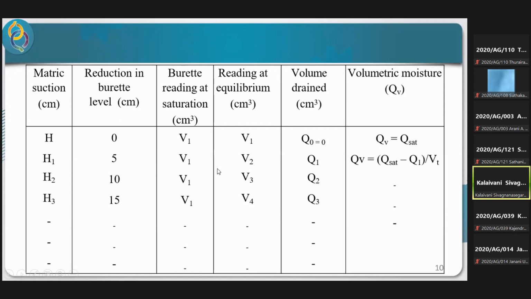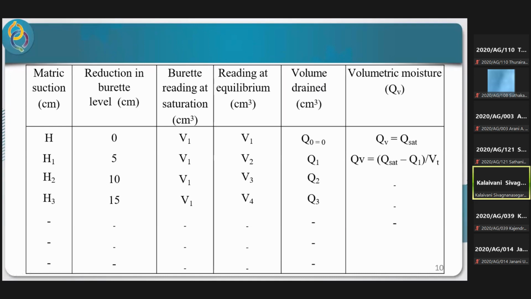All these readings I will give, you have to do the calculation. I will give the readings for matrix suction, reduction in burette level, the burette reading at saturation and reading at equilibrium. Then you have to calculate the volume drain, and find out the volumetric moisture content.